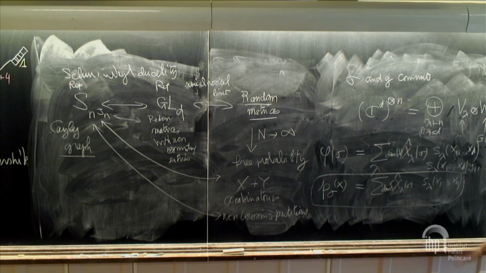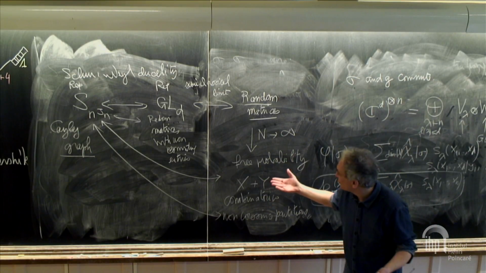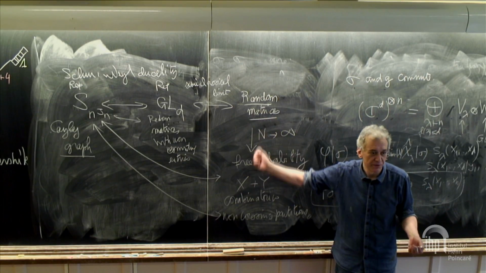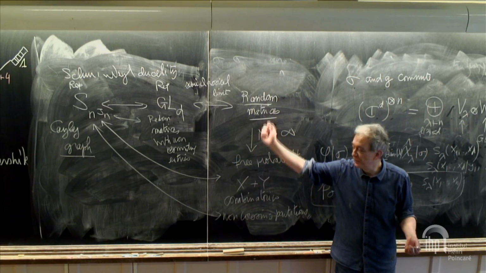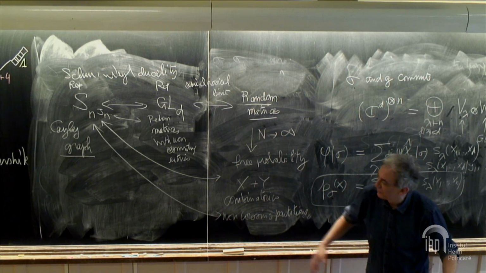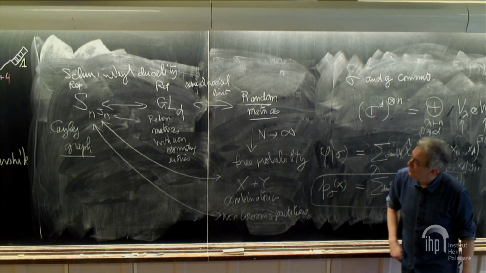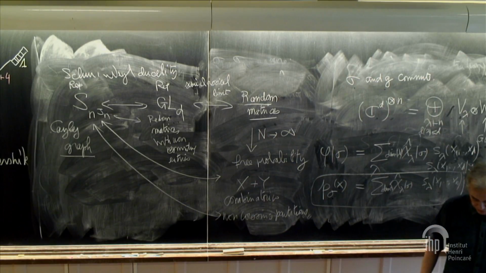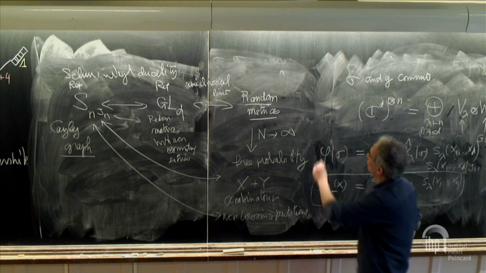In the next lecture, I will explain the basics of free probability theory and its connection with random matrices. Then we will see why it is important in order to understand the limit of the symmetric group when the scaling is given by 1 over square root of n.